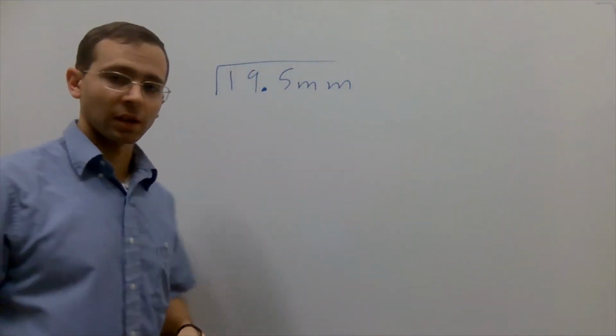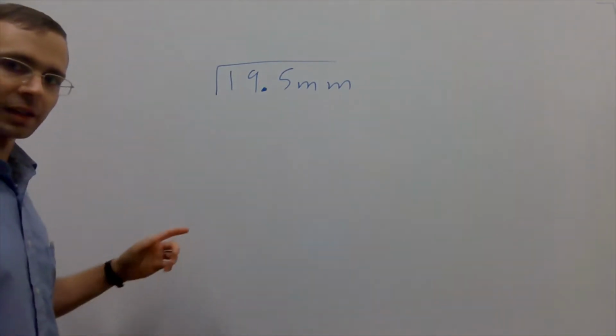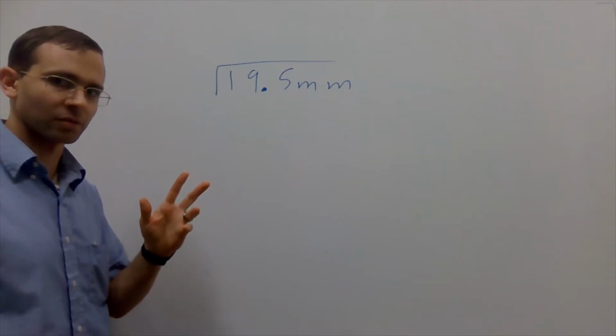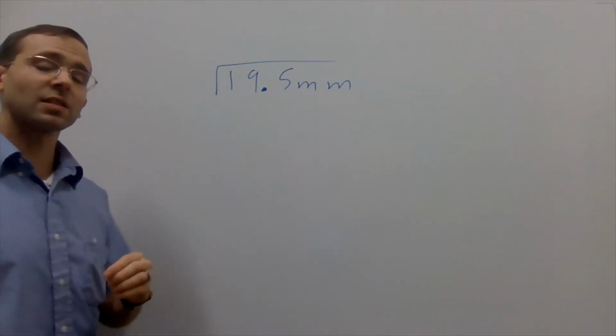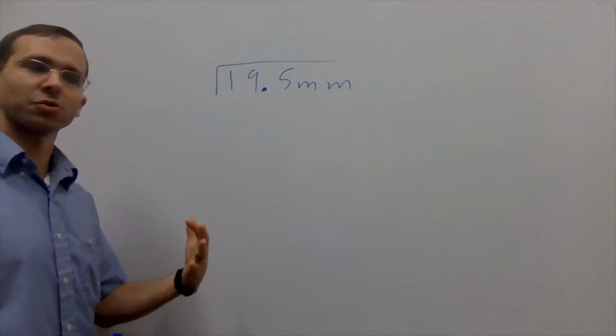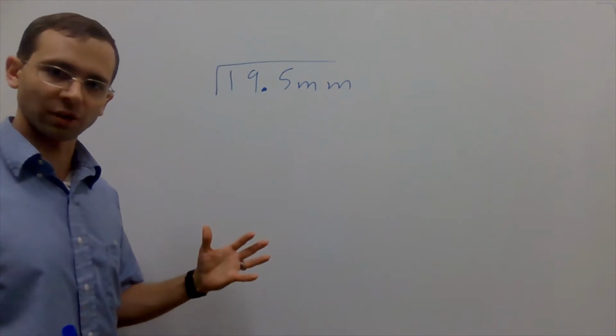Brings up an interesting point with regard to significant figures. I'm about to divide this by the number 2 with no zeros after, ostensibly. But this is an exact 2. This is not a 2 that I measured on some instrument that I need to be honest about reporting just how precise it is.